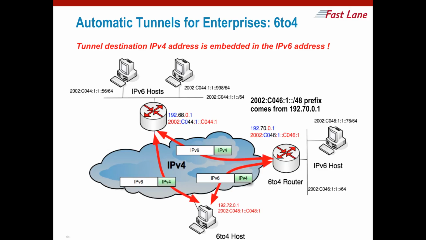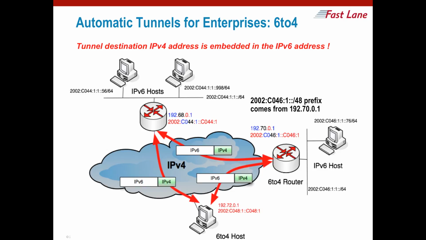So 2002 is the reserved block of addresses for 6to4, C0 is 192, 46 is 70, 0 is 0, and 1 is 1. So then you get a /48 prefix that you can subnet to configure as many subnets as you need. Basically, you have 16 bits for subnetting, and you can subnet many LANs on your sites.